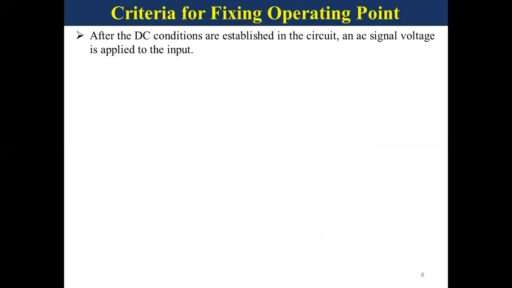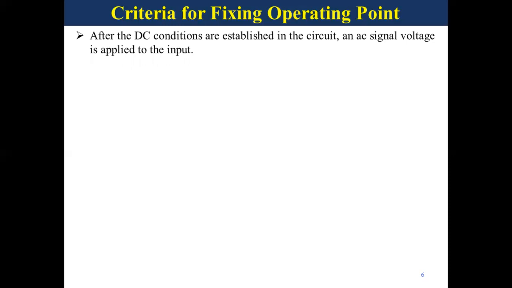After DC conditions are established for the amplifier circuit, an AC input signal is applied to the amplifier, and this AC input signal is superimposed on the DC voltage so that we get an amplified output signal across the load. Here the input signal IB varies sinusoidally, and hence the output current IC and output voltage VCE also vary sinusoidally.